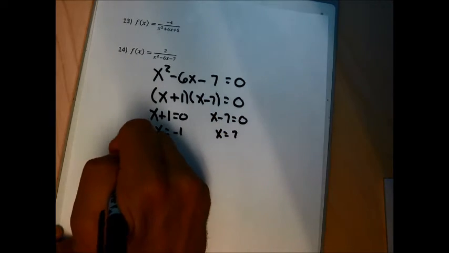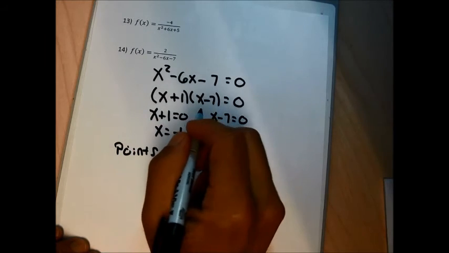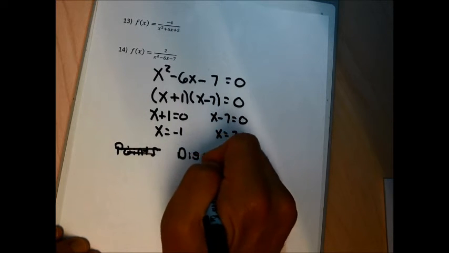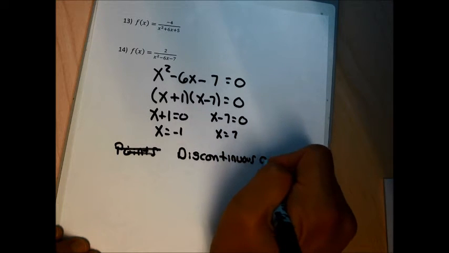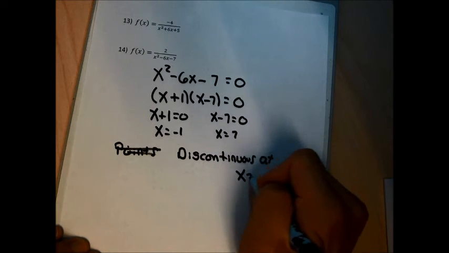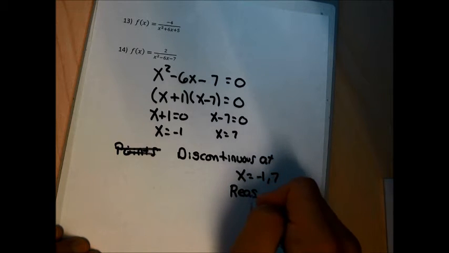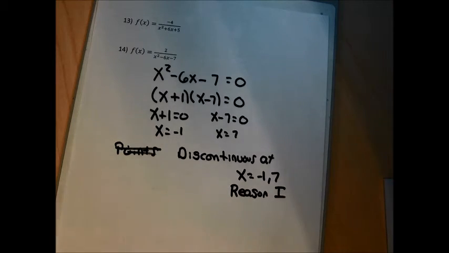So the values of x, we'll say it's discontinuous or not continuous at x equal -1 and 7. And again, it's going to be reason 1 because the function isn't defined at those values of x's.